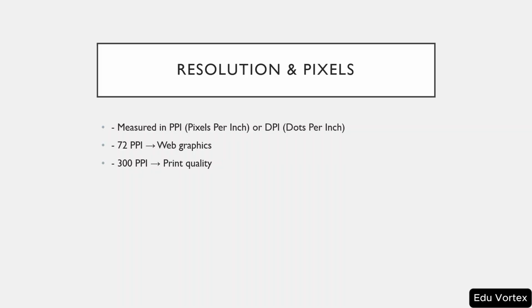Most of the time, the best quality for a picture is within 72 to 150, because we do need loading efficiency, and our hardware is still limited to that. If we do want higher quality images, we do need more power. On the other hand, while we're printing, it's going to be a physical object, so we need to go at least over 300 PPI or DPI.